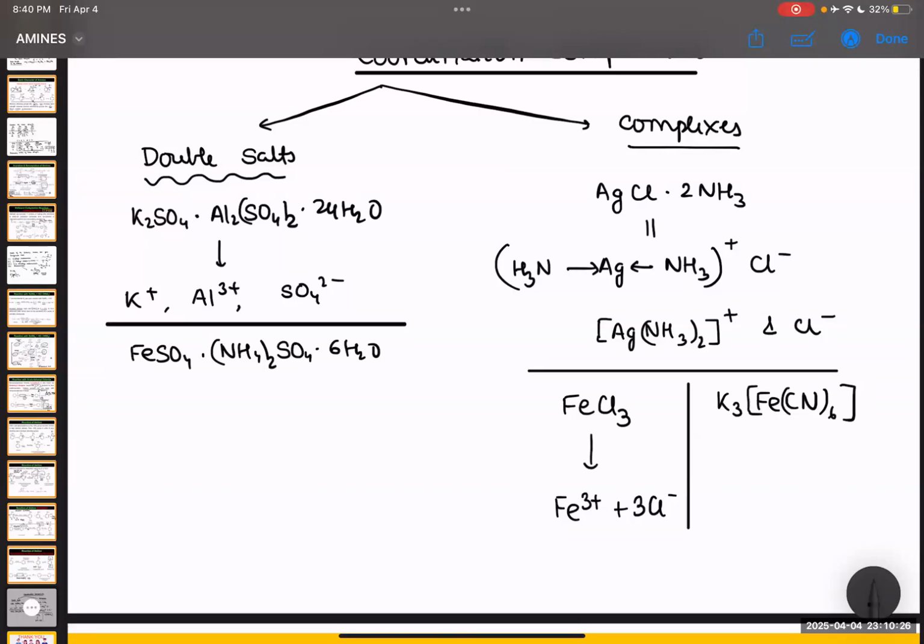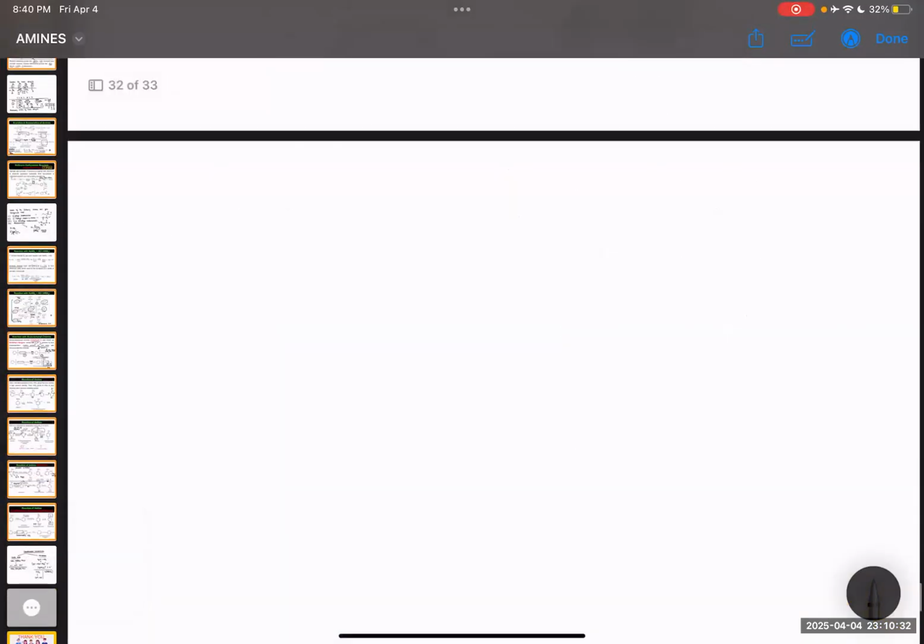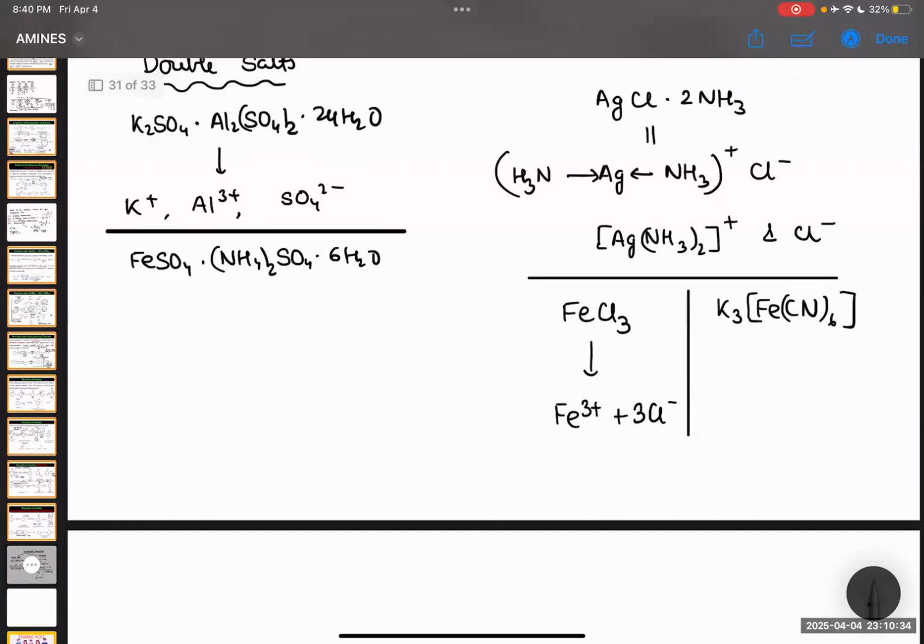So this also has Fe3+, but that Fe3+ is not actually dissociated completely.